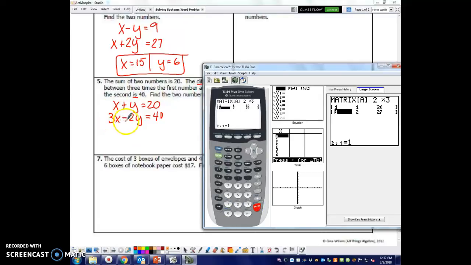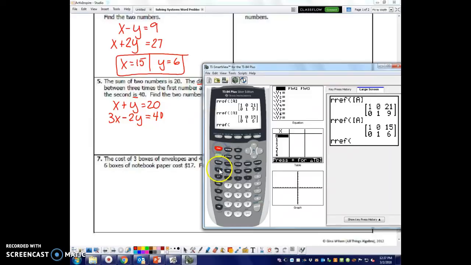Then we have 3, negative 2, 40. Quit. Back in. Over to RREF. Back in. Of A. So x is 16 and y is 4.